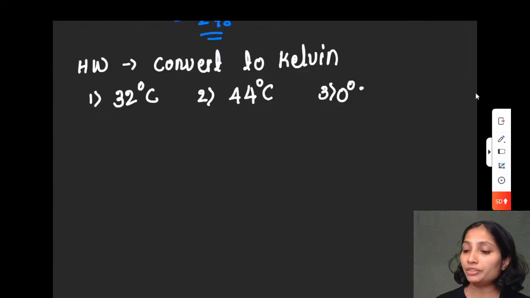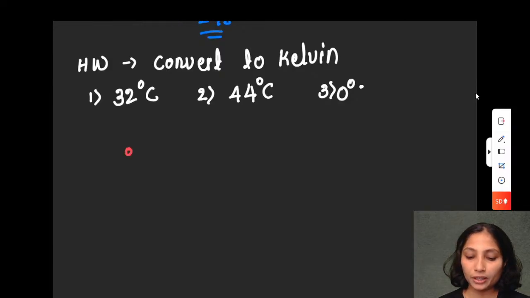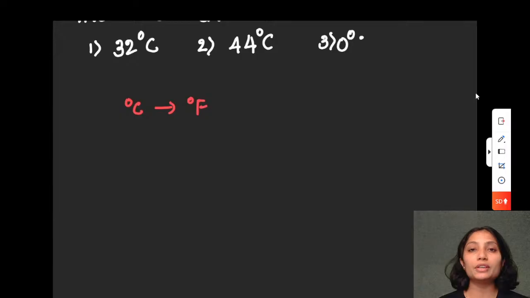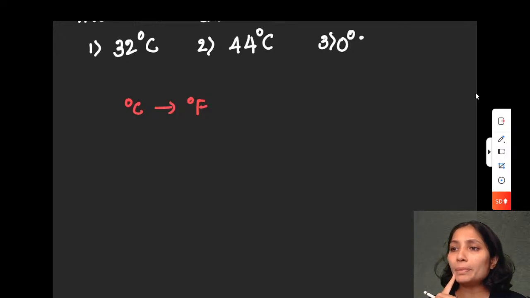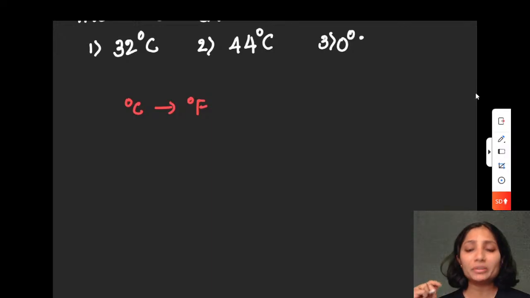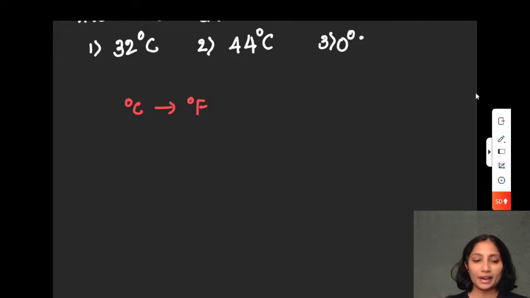That's conversion of degree Celsius to Fahrenheit scale. We have to convert degree Celsius into degree Fahrenheit. Which formula helps us convert from degree Celsius to degree Fahrenheit scale? Anybody have an idea? Please comment in the comment section quickly.